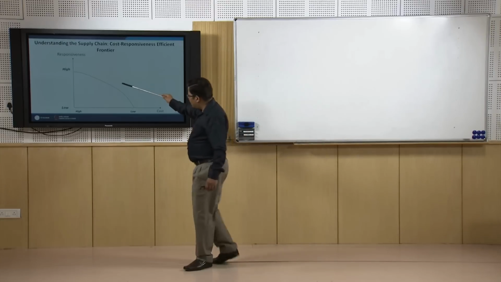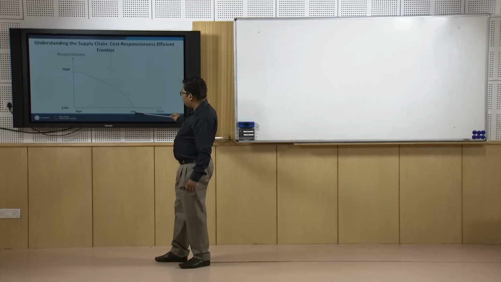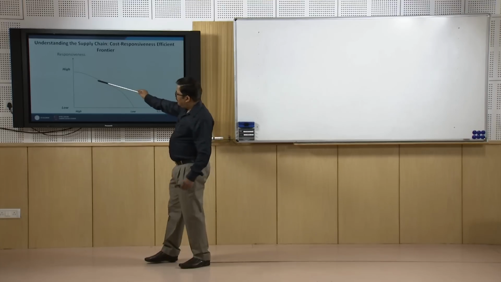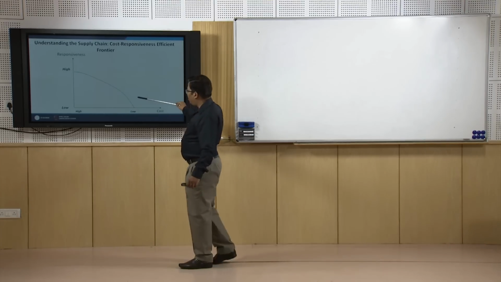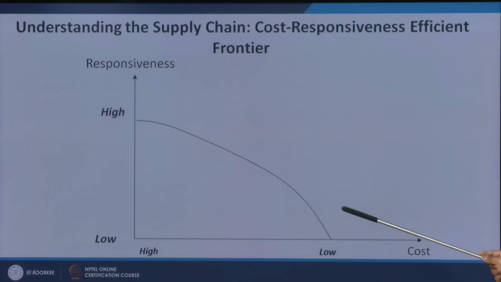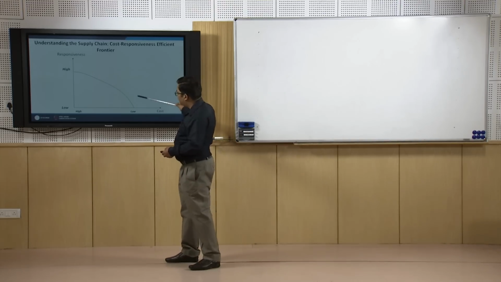This curve is the cost responsiveness efficiency frontier, that you have a particular level of responsiveness with a particular level of efficiency, and when you are trying to increase the responsiveness of your supply chain, the cost of the supply chain or the efficiency of the supply chain has to be traded off. So, this is that cost responsiveness frontier.